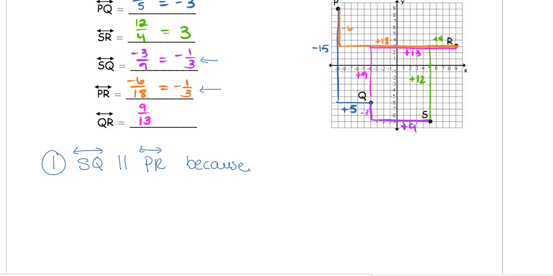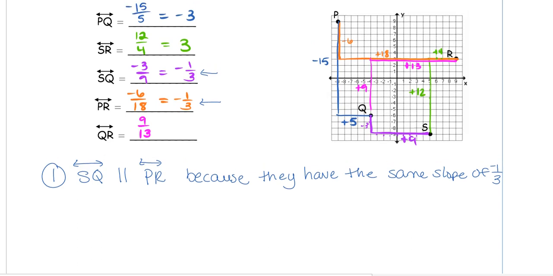How did you know that that was what was going on? I know that those two lines are parallel because they have the same slope. And in this case, they have the same slope of negative 1/3. That's all you have to do when you're doing your explanation: how did you draw that conclusion? How did you know that they were parallel?